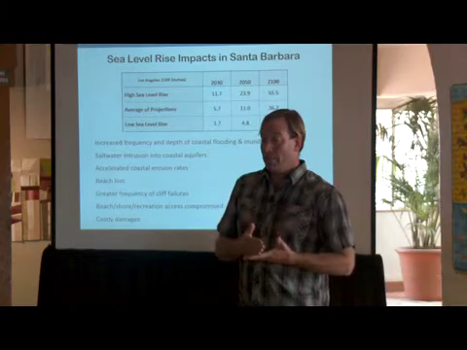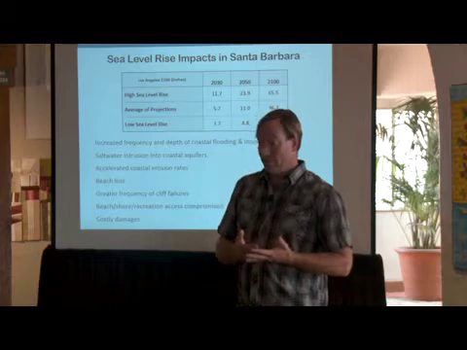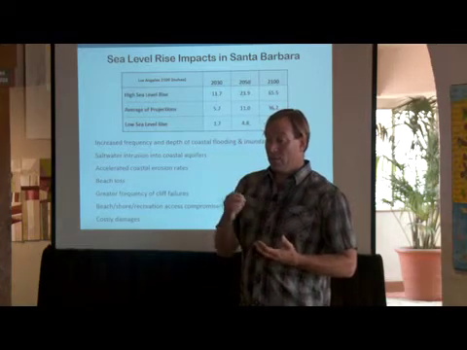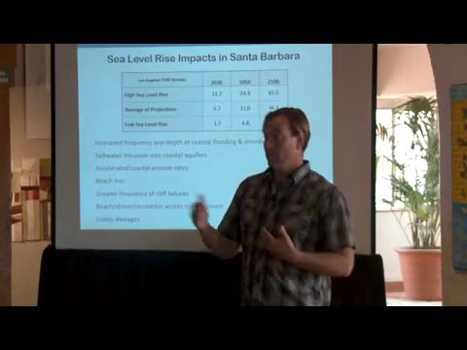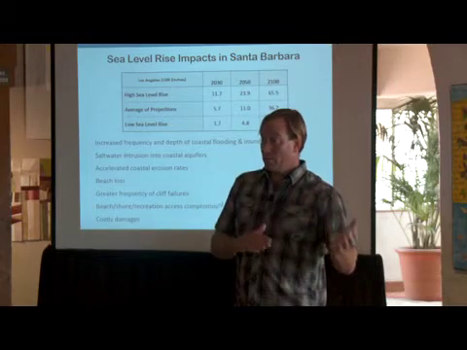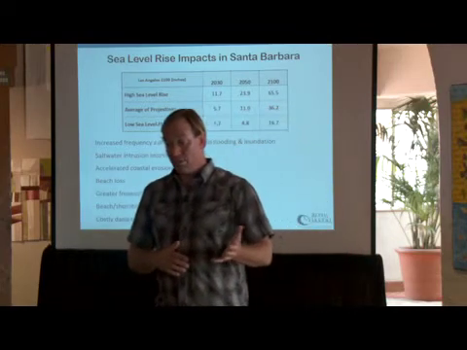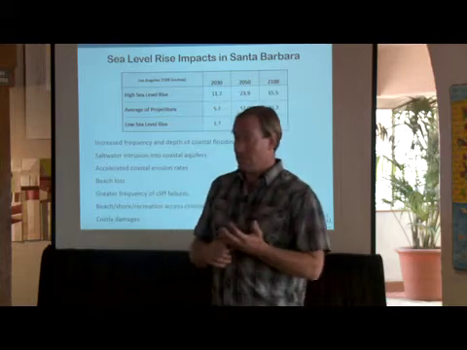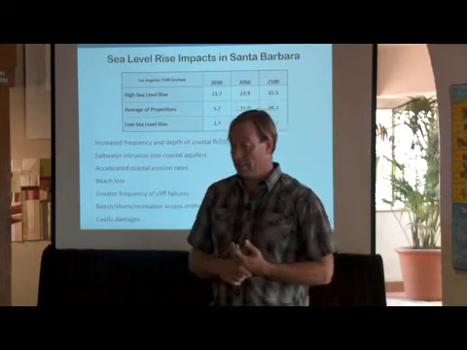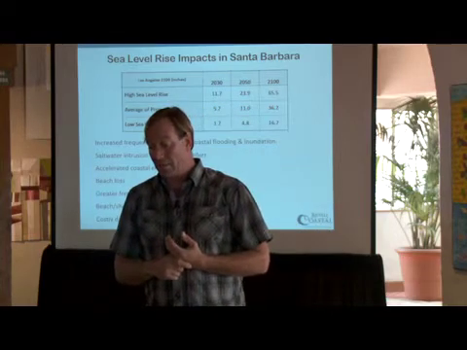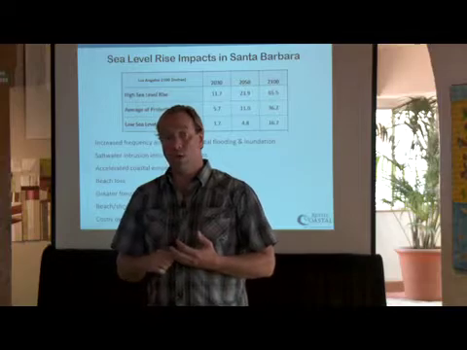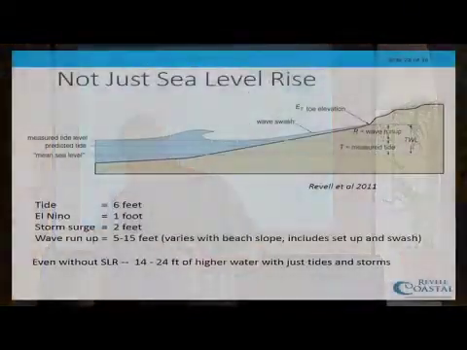There's more likely to be greater frequency of cliff failures, and we're going to start seeing the impacts of armoring or keeping beaches in terms of recreation, access, and other habitat impacts, and we're likely to see a lot more costly damages over time.